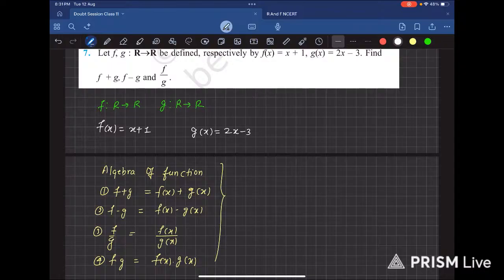Now we have to find the first one, f plus g. f plus g means f(x) plus g(x). बहुत ही सिंपल हो गया ना, x plus 1 plus 2x minus 3.